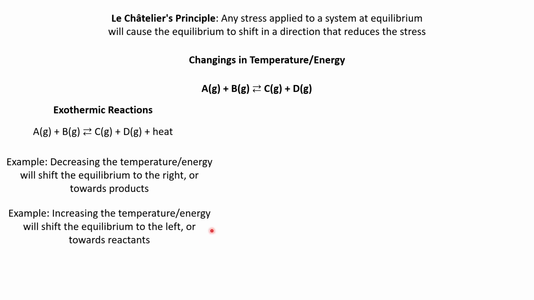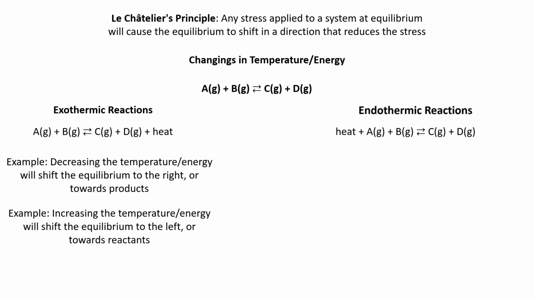The opposite is also true. If you are going to increase the energy, then you're going to shift the equilibrium to the left or towards the reactants. So you can think of this as adding product, we're going to shift away from it. Now let's talk about endothermic reactions. In an endothermic reaction, you can think of heat as a reactant, which means we can still use our rules for changing amounts.